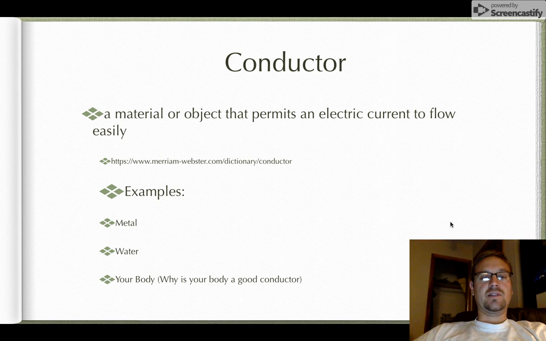Well, that's because a large part of your body is made up of water. Some good examples of conductors would be copper, aluminum, steel. Those types of metal are very good conductors of electricity.